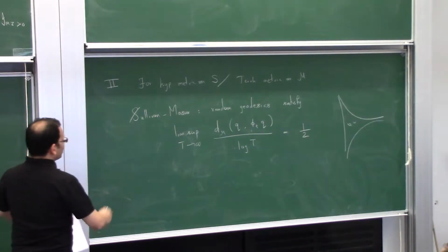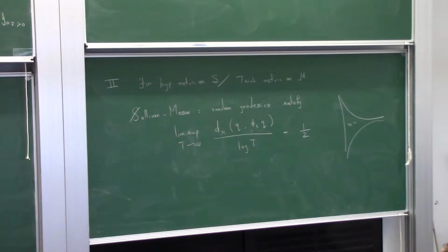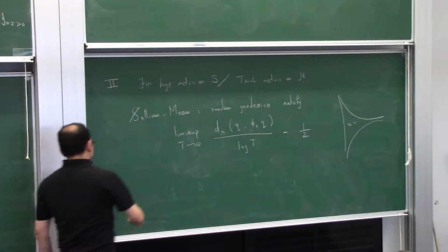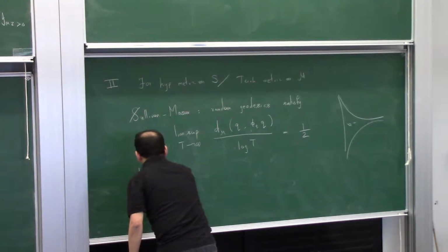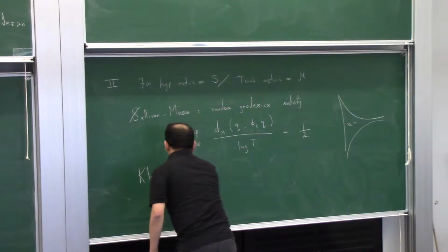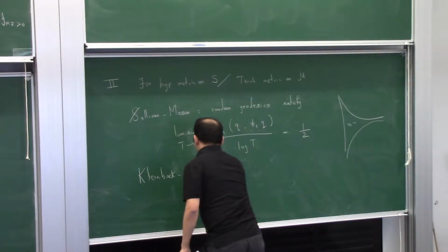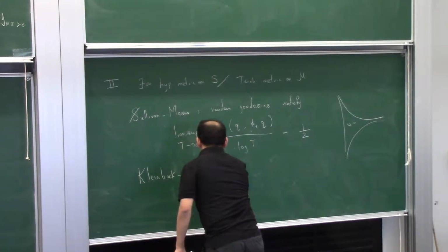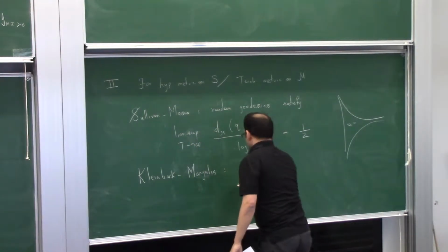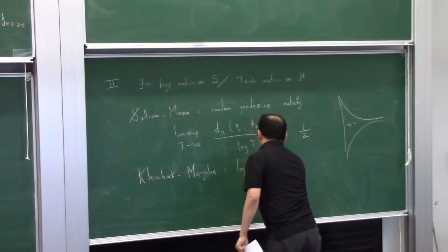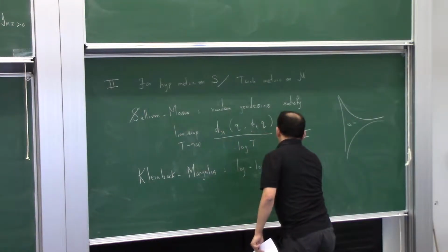Again, this is a limit statement. One more thing I should say: there are higher rank versions of this. You can climb up. These are again log laws for diagonal flow.